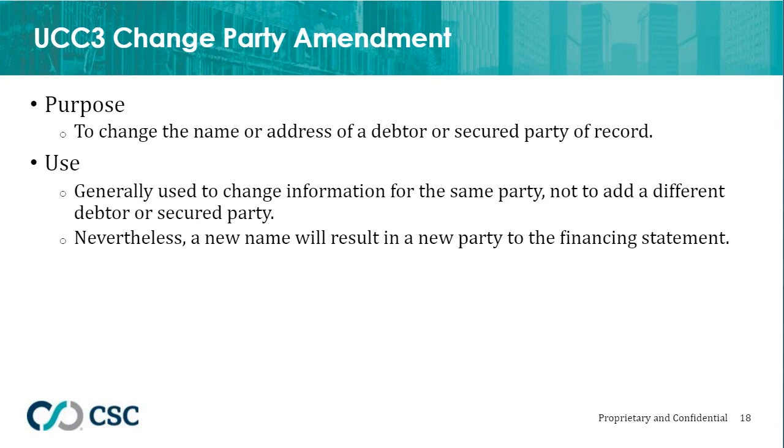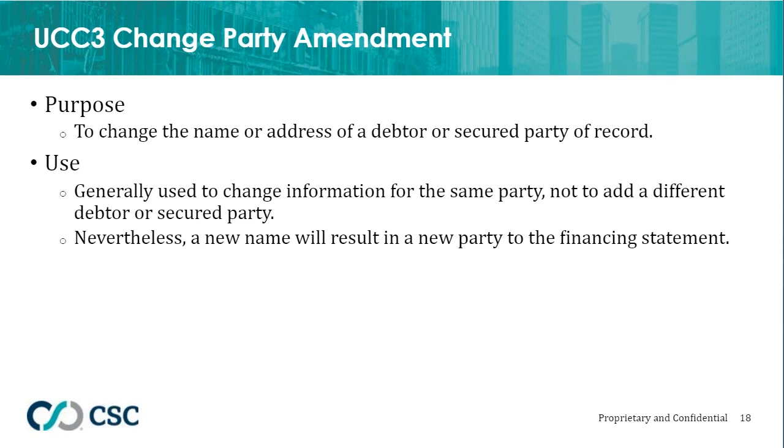It's not something typically that's used to add a different debtor or secured party. But from a filing office perspective, they treat these much the same way as they would an add party amendment. If the name that is provided is not already of record, then they will take the new name and add it as an additional debtor or as an additional secured party.